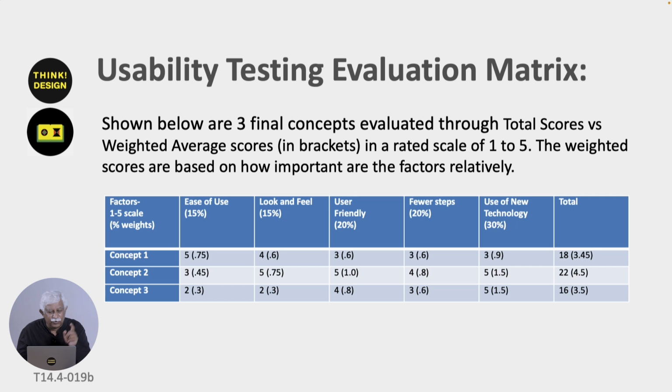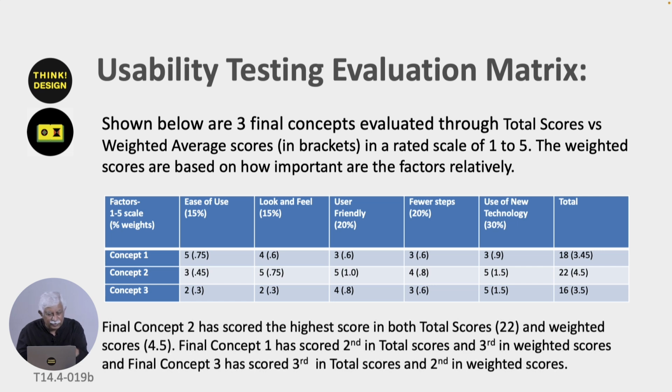So if you go by just the weighted averages, you have them in the brackets. And if you go for the total scores, they are shown here. If you look at the overall picture, concept 2 has the highest score in terms of the regular total scores, that's 22, and in weighted averages it also scores the highest at 4.5.